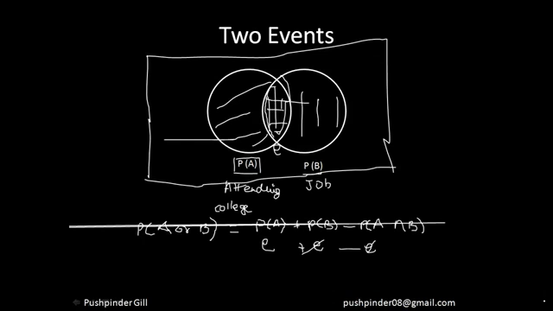If you're not able to understand this Venn diagram, I suggest you go watch my set theory video, where I've explained this in a lot more detail, right? So this pretty much explains all the concepts of two events when either of them can happen. So let's move forward.